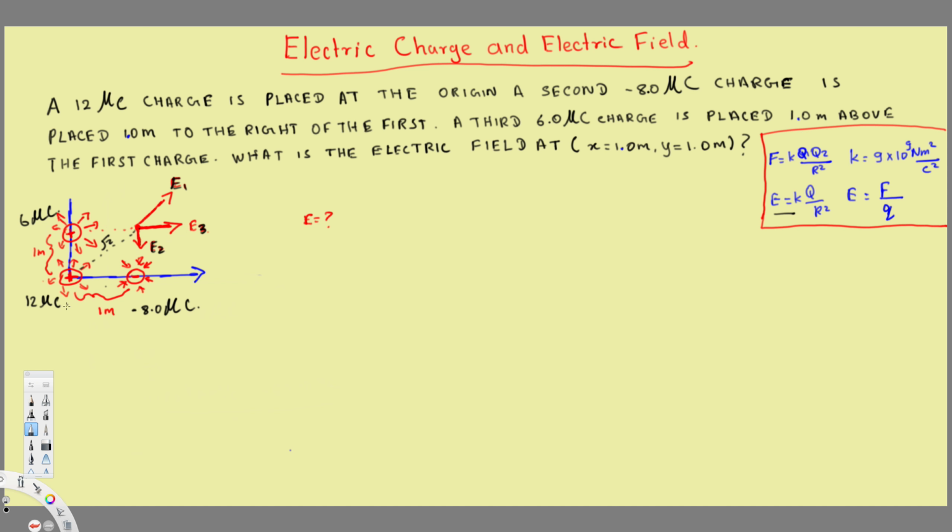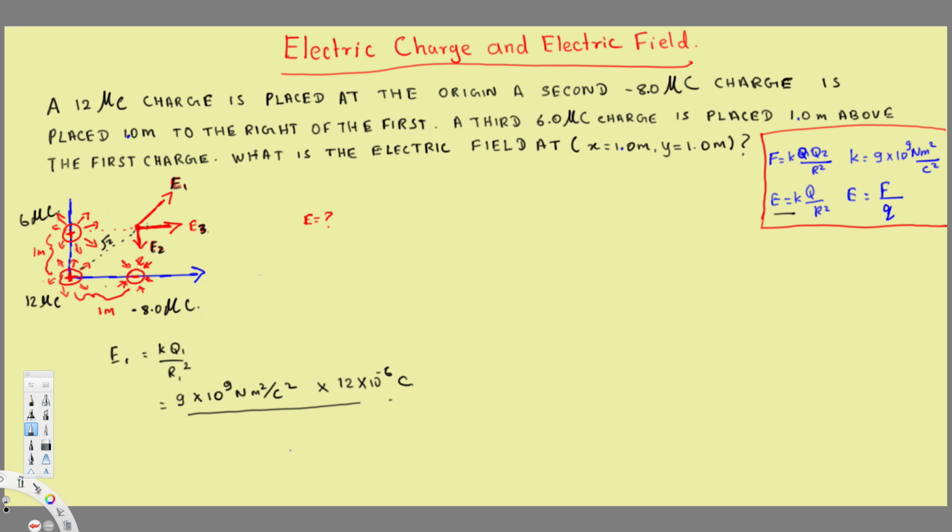Now let's use the equation for the first one. So E1 is going to be equal to KQ1 over R1 squared. Here K is always a constant, 9 times 10 to the power of 9 newton meter squared over coulomb squared, multiplied by the charge, that is 12 times 10 to the power of -6 coulomb, because micro is 10 to the power of -6, divided by the distance, that is √2.